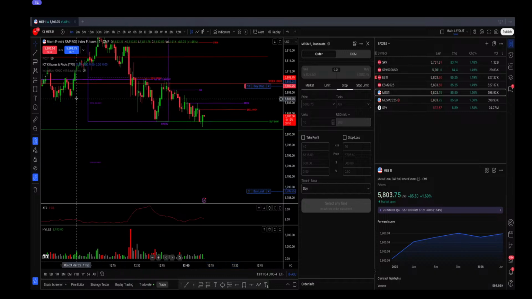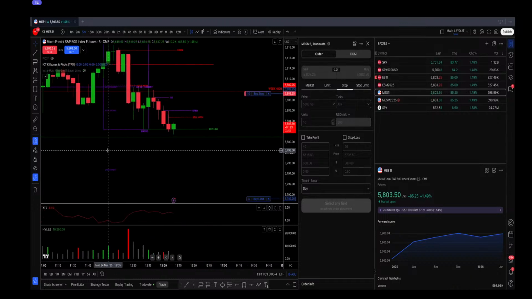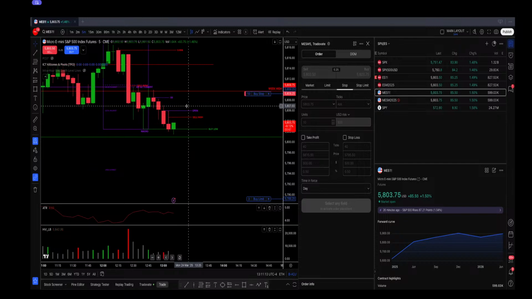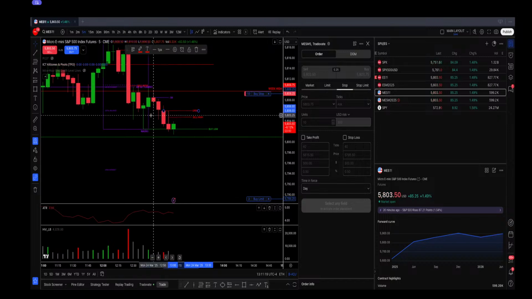That is a seller's candle. So I mark that as a bearish candle.